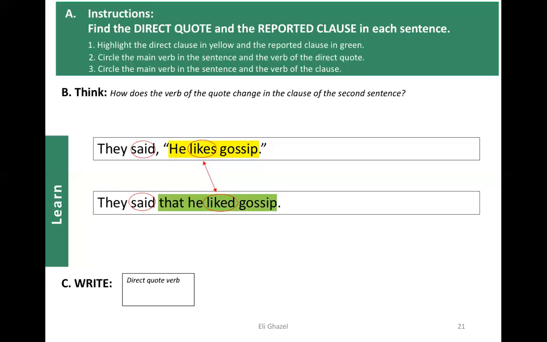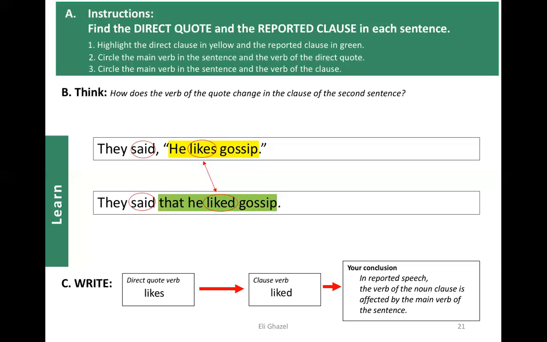In the direct quote verb, in the clause verb, we have likes, it changed to liked, and our conclusion is that in reported speech, the verb of the noun clause is affected by the main verb of the sentence. So let's look at the difference. In the first one, those are the exact words between quotation marks. They are not affected by the main verb. In the second one, it's a noun clause, and the verb in it is affected by the main verb.